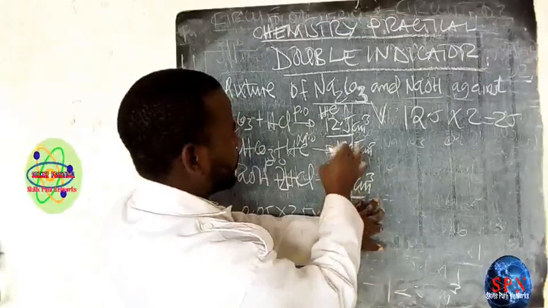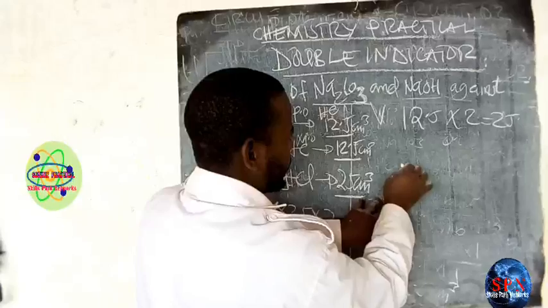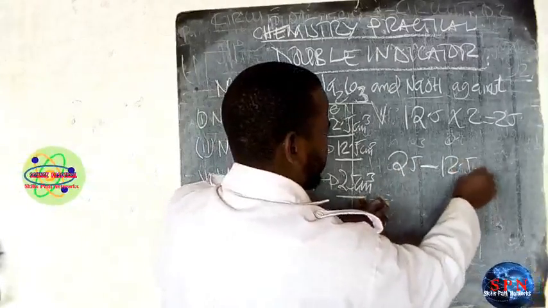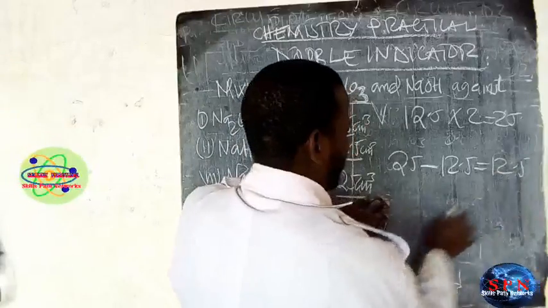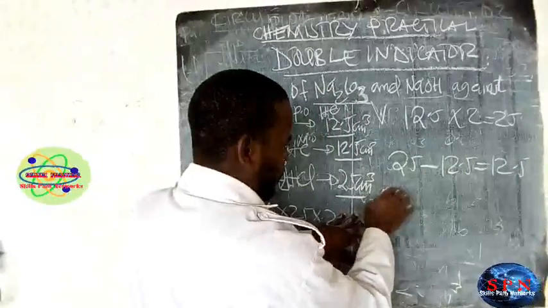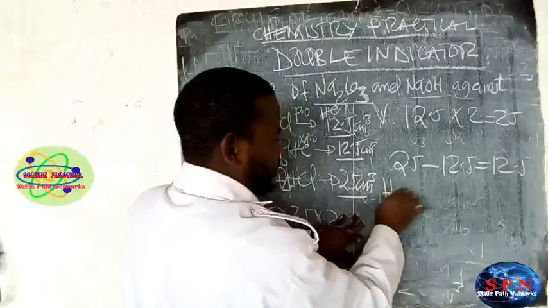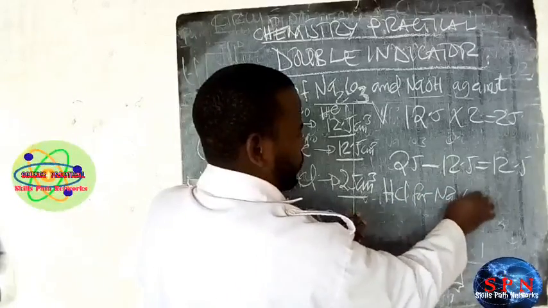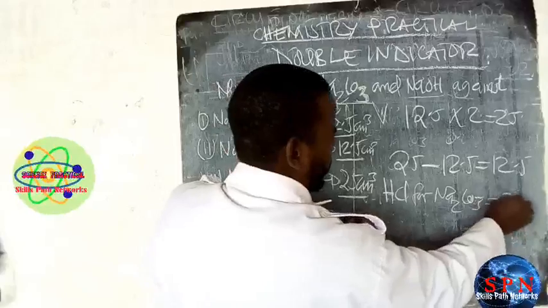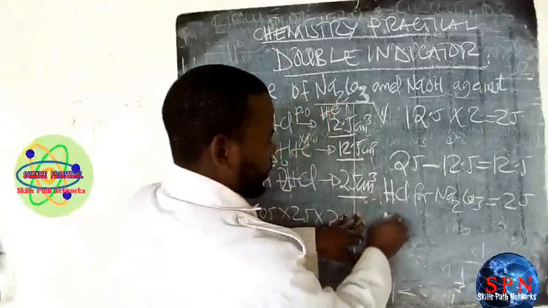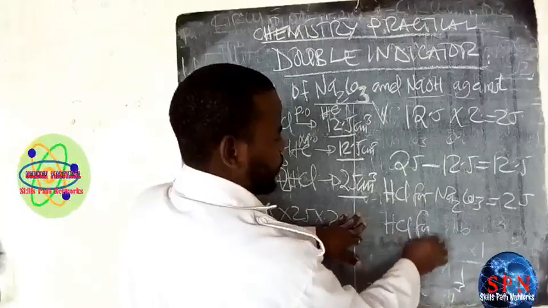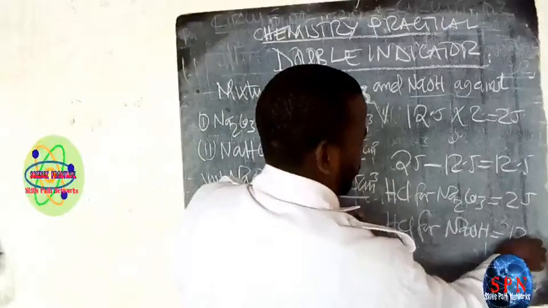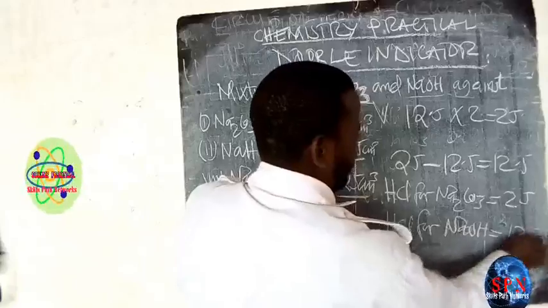We take 25 minus 12.5, which is equal to 12.5. So the volume of acid for sodium carbonate is equal to 25, and the hydrochloric acid for sodium hydroxide is equal to 12.5.